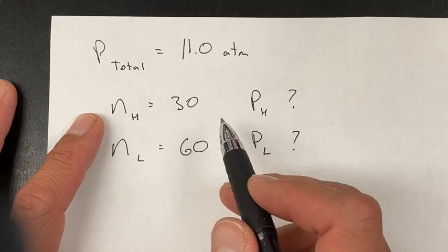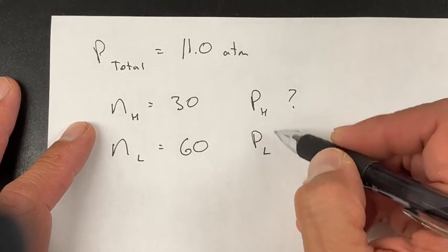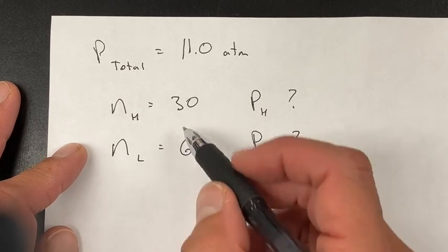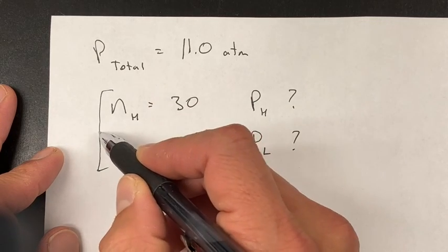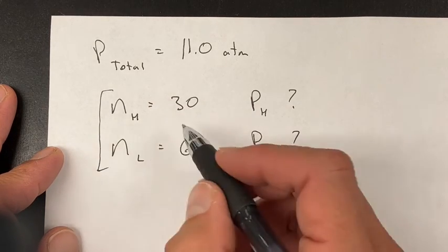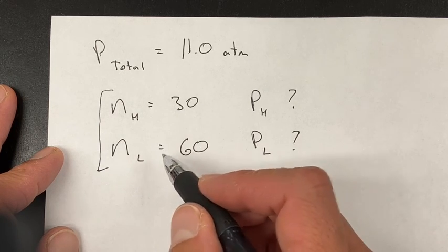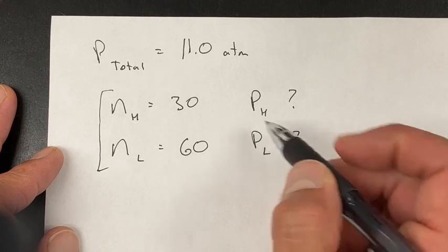This is kind of working backwards from what we just did. I know that these two partial pressures added up have to be 11. But since we have the moles here, we can figure out the mole fractions of each and solve for my partial pressures that way. So let's do that.